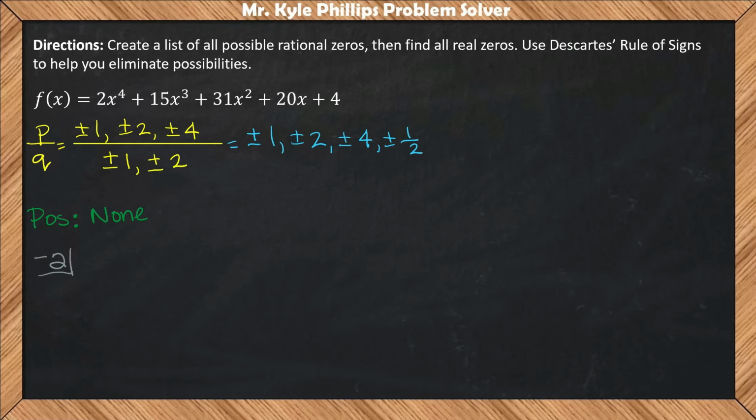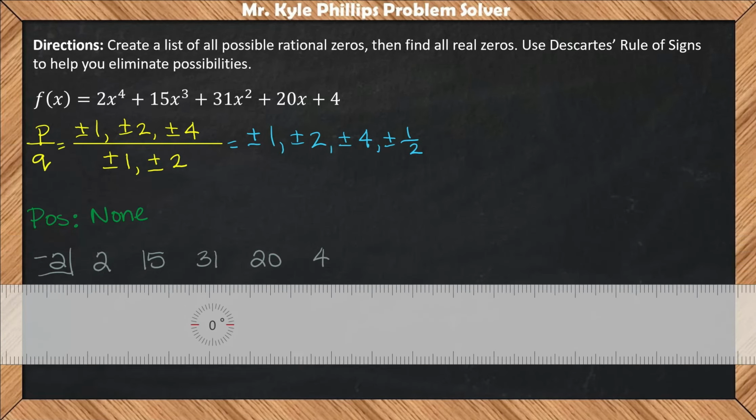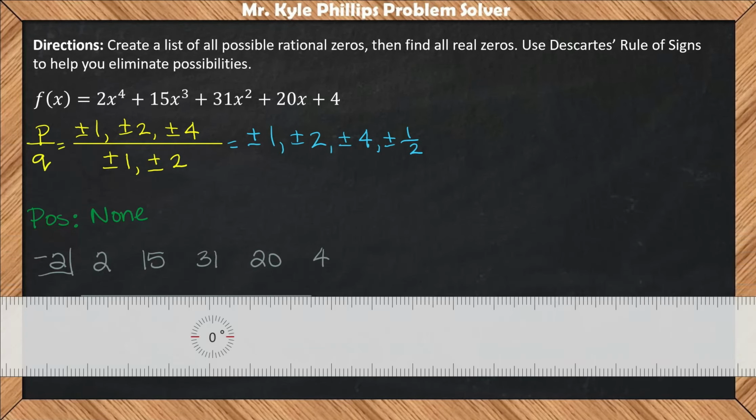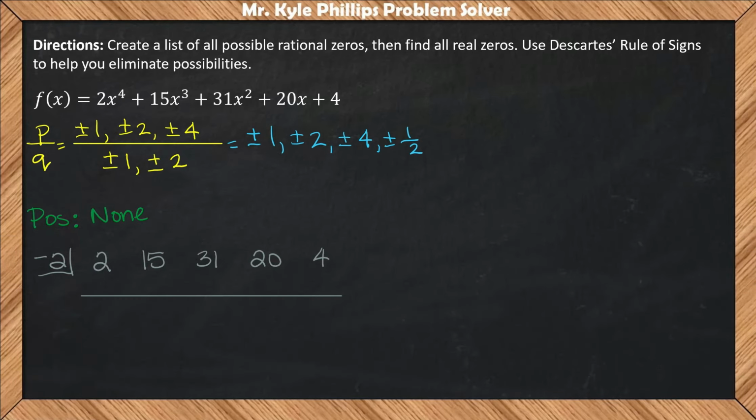So for my synthetic division, I'll evaluate at negative 2. And I have to use the coefficients here from this problem. So that's going to be 2, 15, 31, 20, and 4. First term always comes down. Negative 2 times 2 is negative 4.